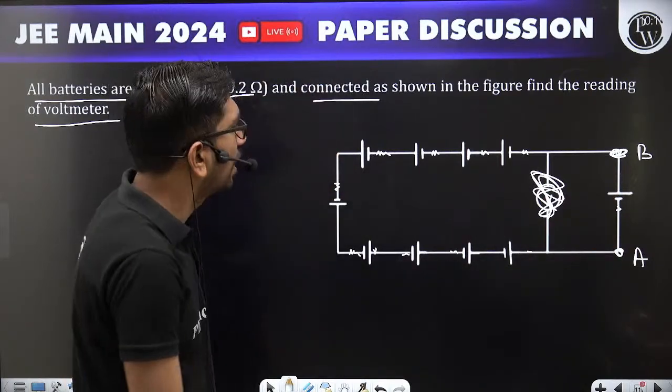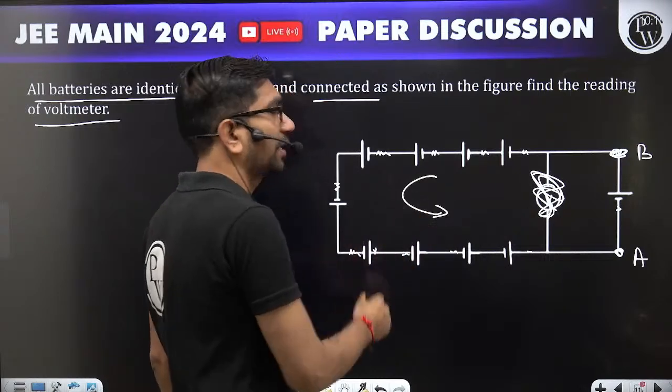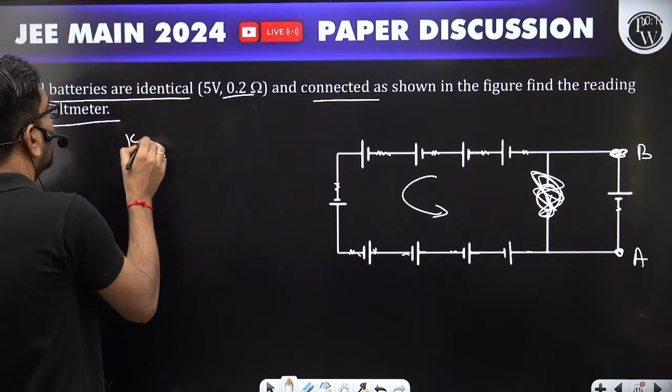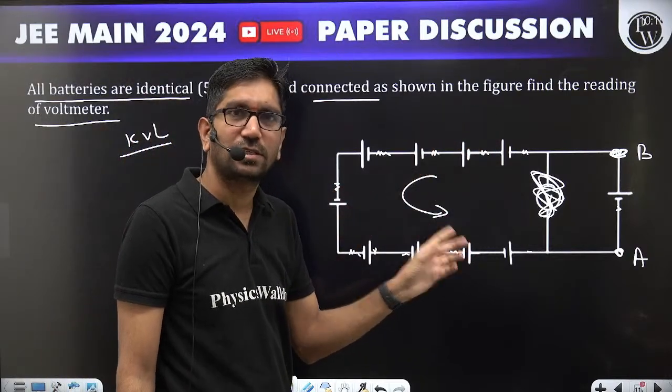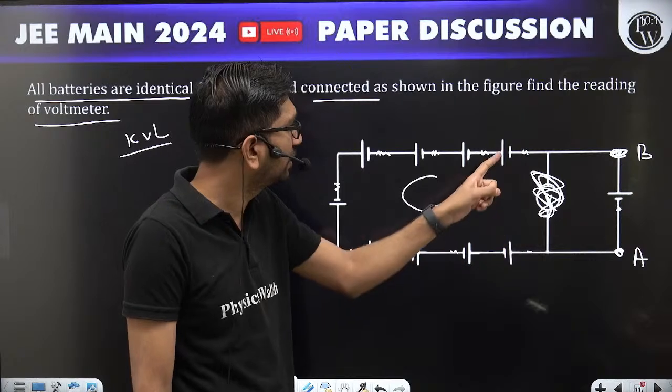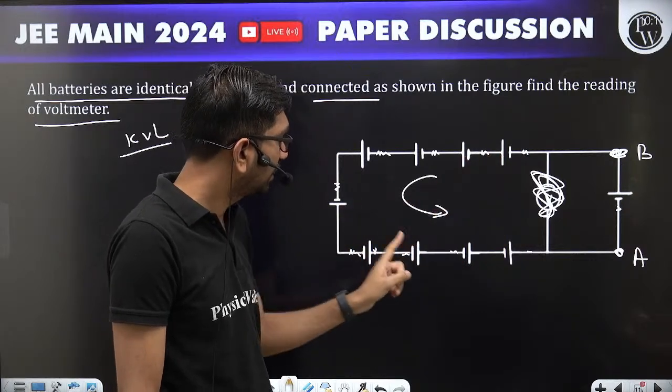Now apply Kirchhoff's voltage law, KVL, in this loop. All are in series, so directly we can add. How many cells do we have? 1, 2, 3, 4, 5, 6, 7, 8, 9, 10.